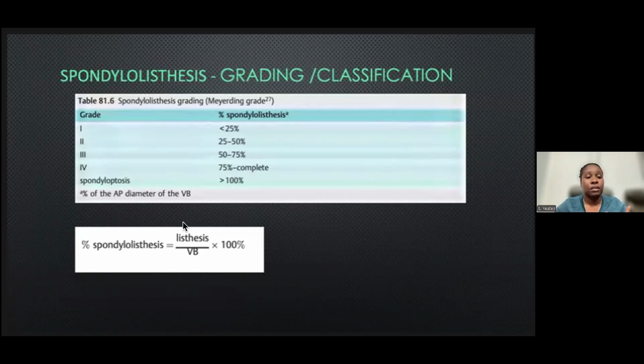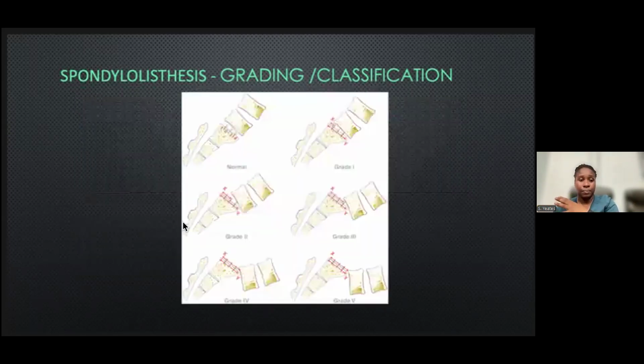So you have grade 1 to 4, and then you have spondyloptosis. Grade 1 is less than 25%, grade 2, 25 to 50, grade 3, 50 to 75, grade 4, 75 to complete, and then spondyloptosis of greater than 100%, which is grade 5.